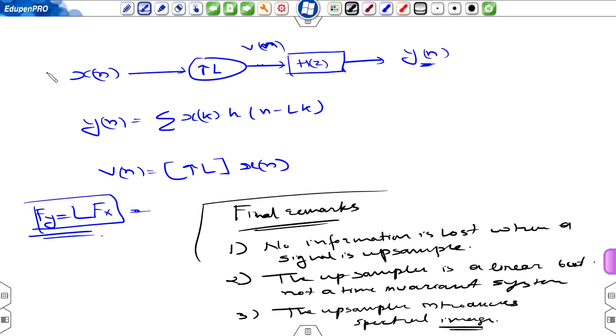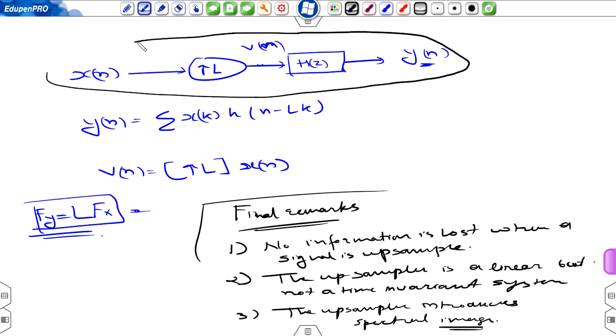So this circuit, the upsampler combined with a low pass filter, is called an interpolator, and the process is called interpolation.